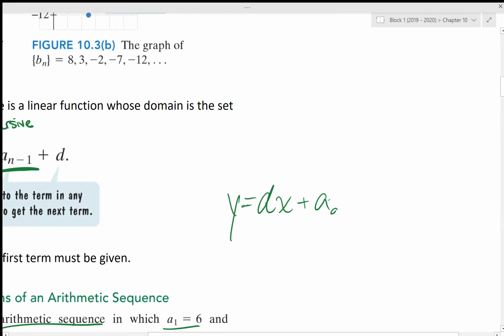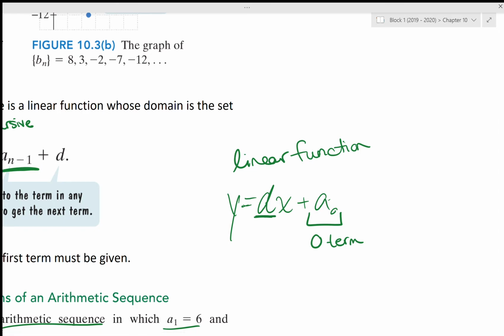If you see it as a linear function, this is how you could also see it. Think of your common difference as your slope, and a of 0 would be the 0 term, which usually we don't get. We usually do the first term. That would be your y-intercept in a way. So you could write it in that same way.